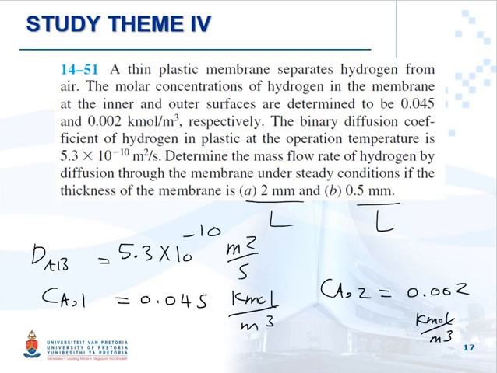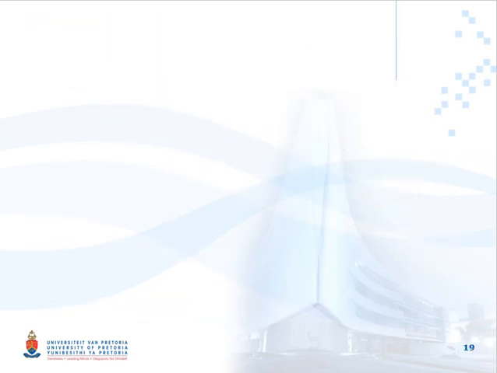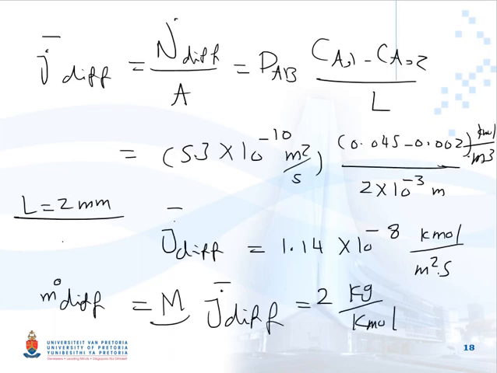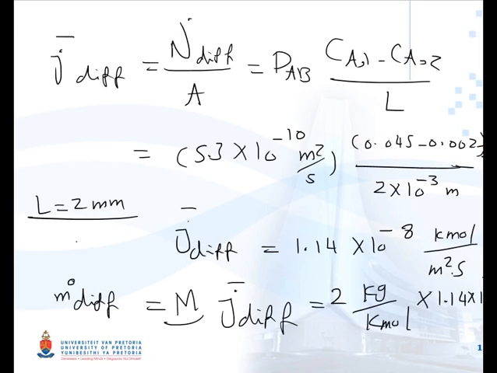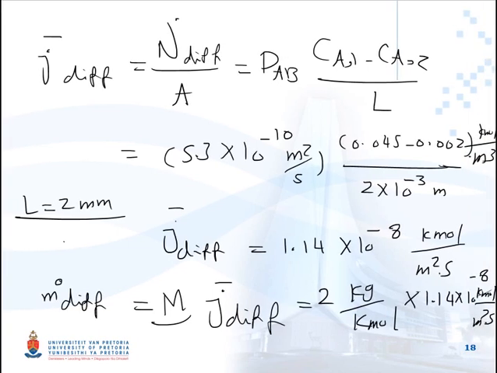Hydrogen. So we go to the table, if you can't remember it by heart, and we read the molar mass of hydrogen, multiply by 1.14, which we just calculated, 10 to the power of minus 8 kilomole per second.